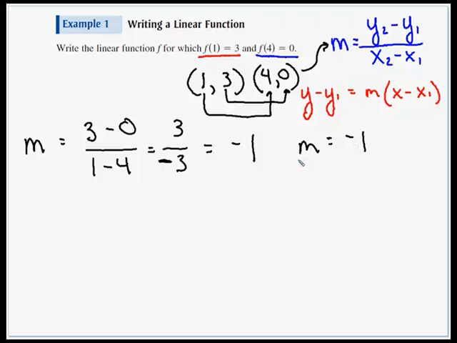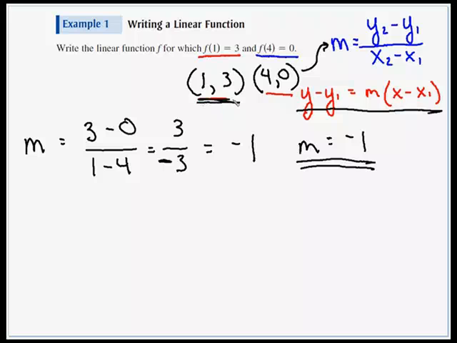Well, now, since I have the slope and at least 1 point, I can write the equation for this line. Now, we do have 2 points, so we could use either of these, it does not matter. And actually, I'm going to solve it both ways just to show you that it works. So we're going to use this point-slope equation, y minus y1 equals m times the quantity x minus x1.